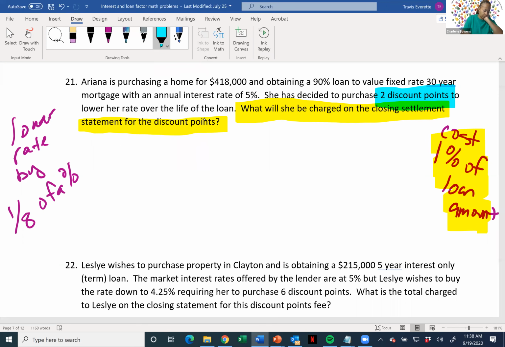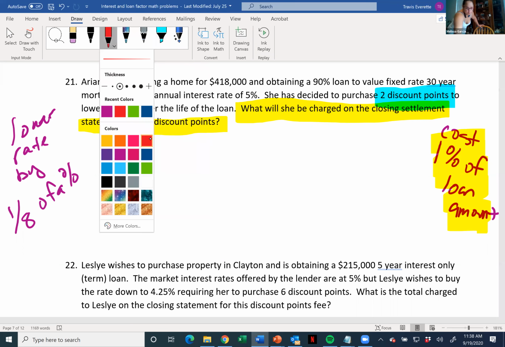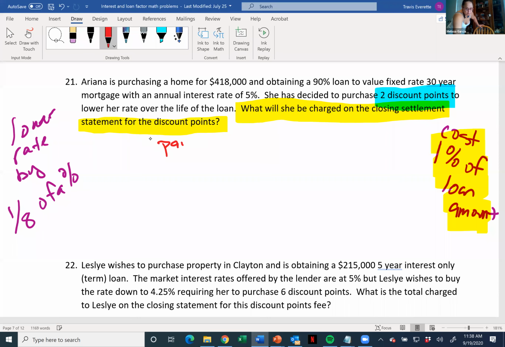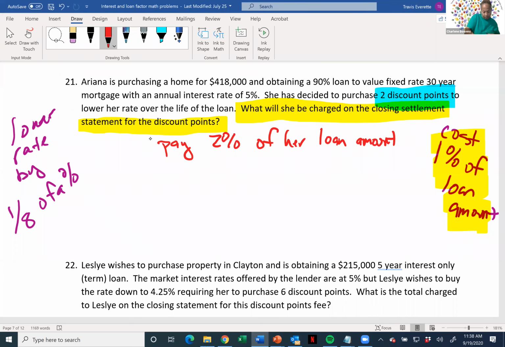So would it be fair to say then that she is going to pay 2% of her loan amount? Does that make sense for everybody? Because each discount point costs what? 1%, and she wants to buy 2 of them, so she's going to pay 2% of her loan amount. Does that follow for everybody? So 2% of her loan amount.